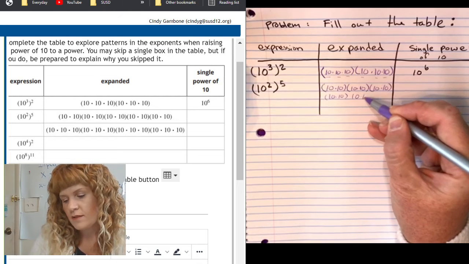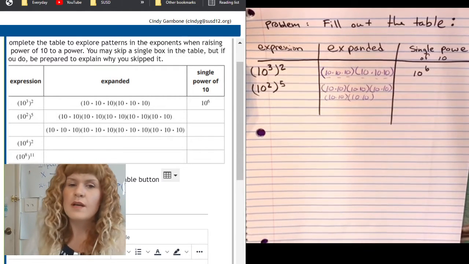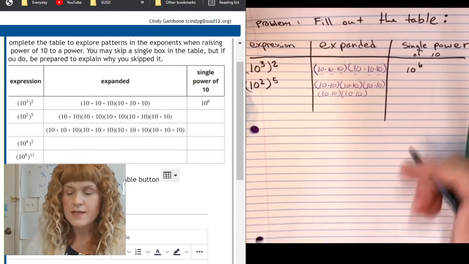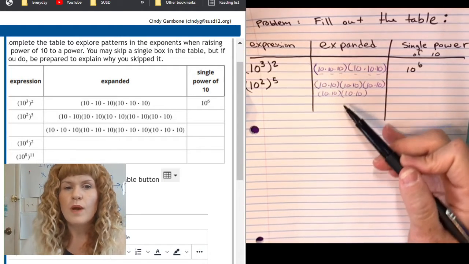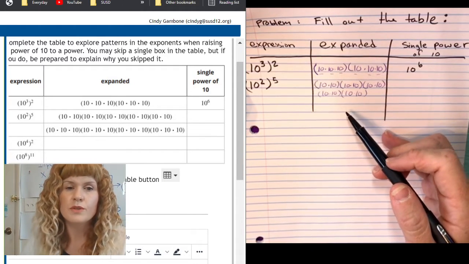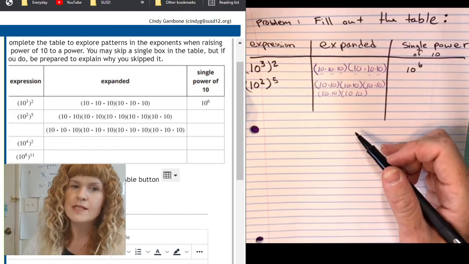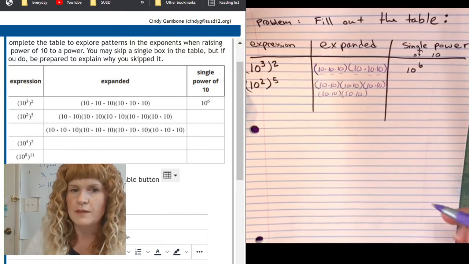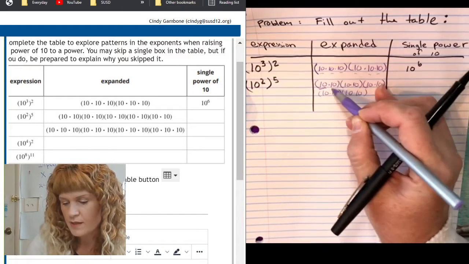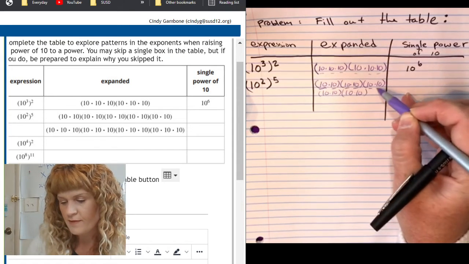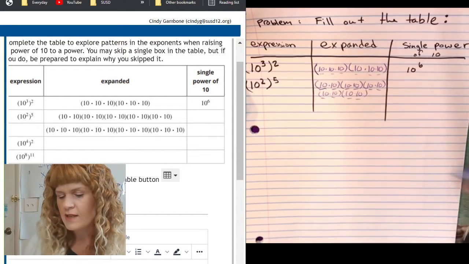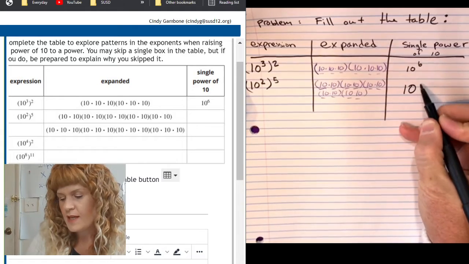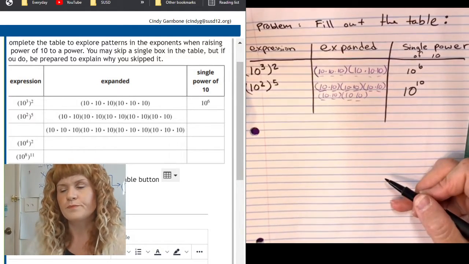Exhausting. Okay, now to simplify this, you need to know how many times did you multiply by 10? Because the exponent represents repeated multiplication. So let's see, 1, 2, 3, 4, 5, 6, 7, 8, 9, 10. So that's 10 to the power of 10.